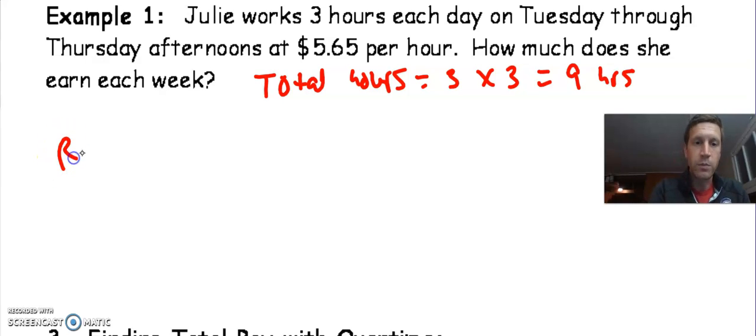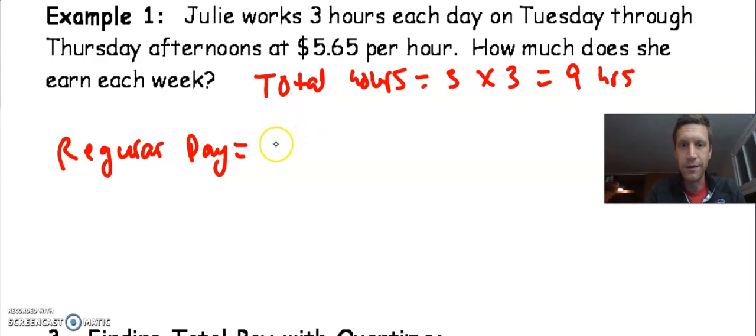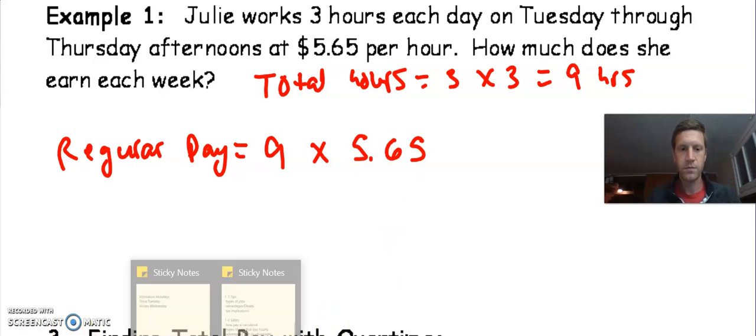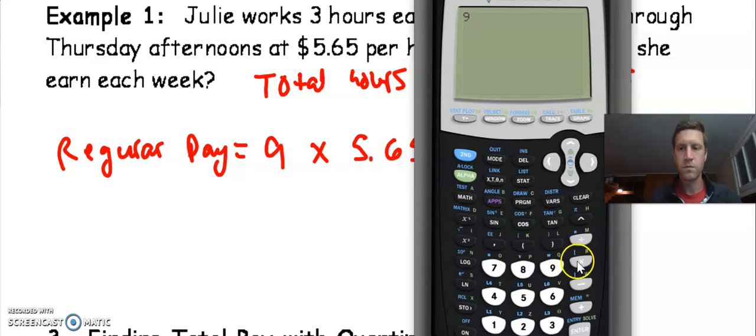So my regular pay, which is what I'm calculating here, regular pay. My apologies for the handwriting. It doesn't get any better. 9 hours times 5.65. And we're making $50.85 this week.